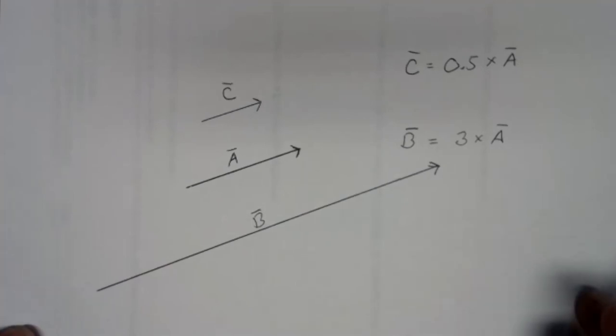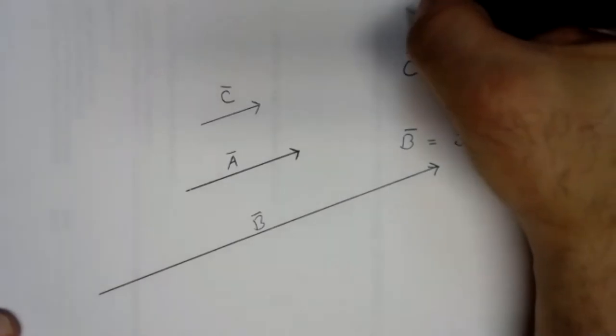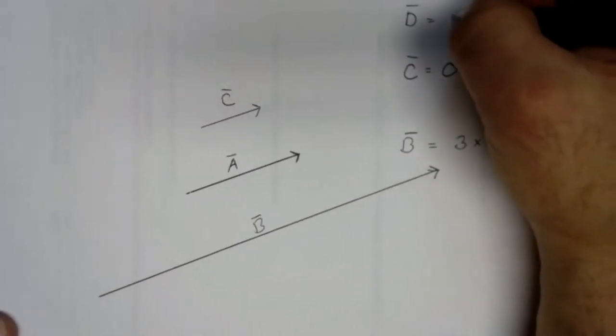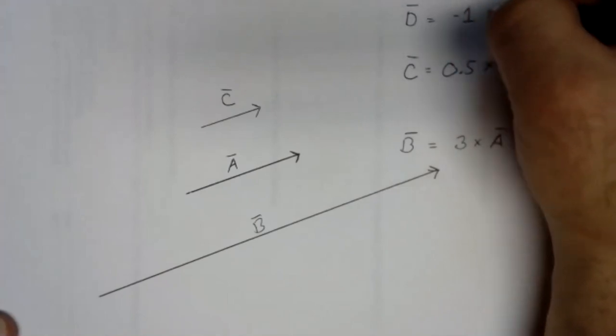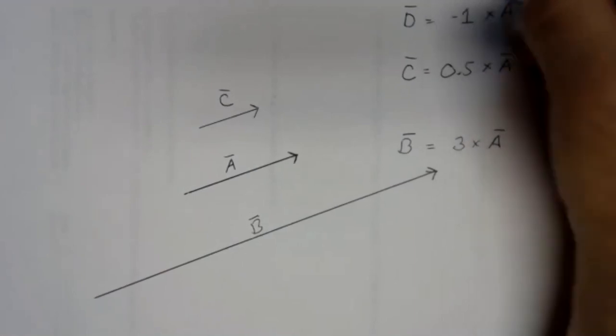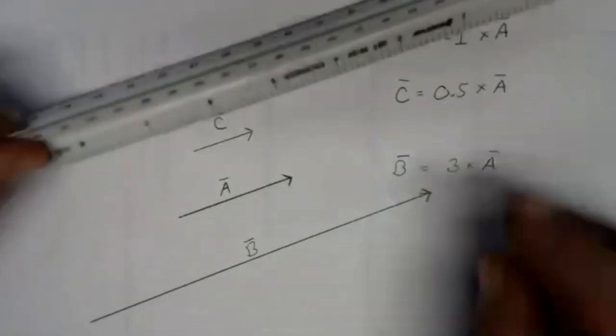Let's see what happens if we multiply by -1. Let's take vector D and make that -1 times vector A. Well, multiplying by -1 won't change the length of the vector. So I'm still going to have a vector that's 2 inches long, but it's going to be pointed in the opposite direction.